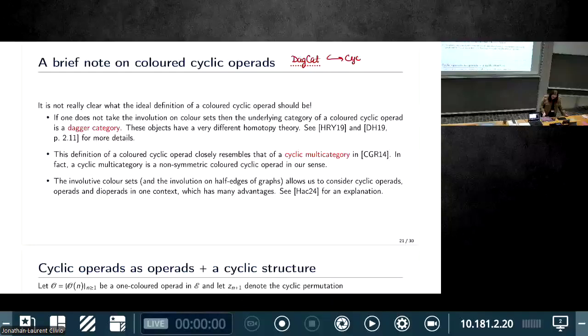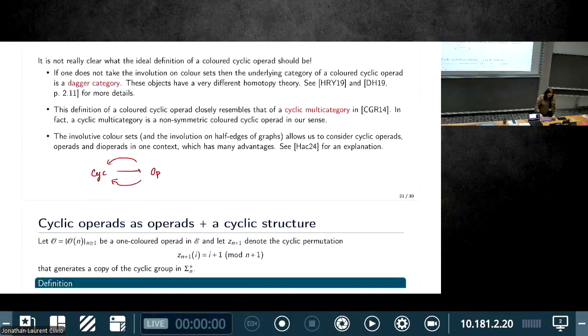But the main thing that we like about this is that it makes sense to talk about maps from cyclic operads to operads, which actually admit both left and right adjoints. And we can do this all in the same graphical formalism. Because we're going to be infinitying this, and I'm going to use those graphs to infinity things. So when I want to do that, I want to think about cyclic operads as operads plus something called a cyclic structure.